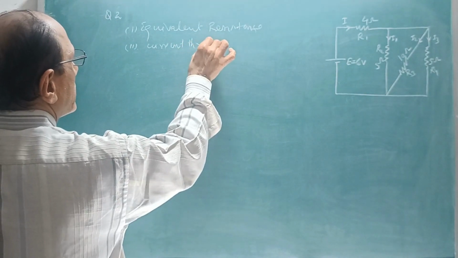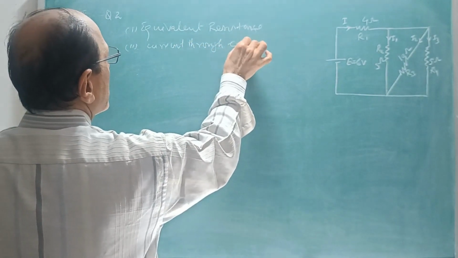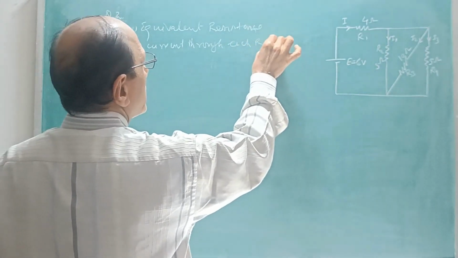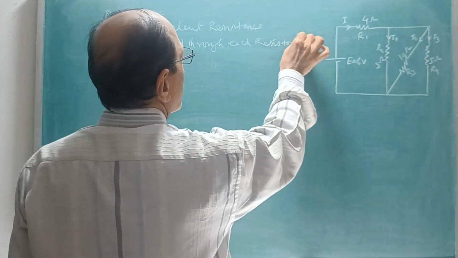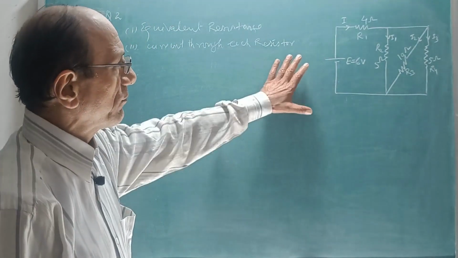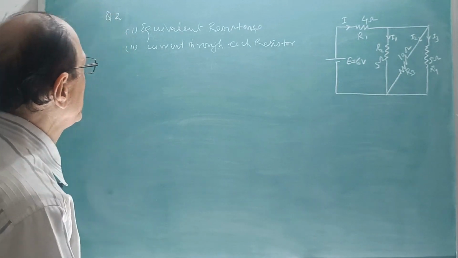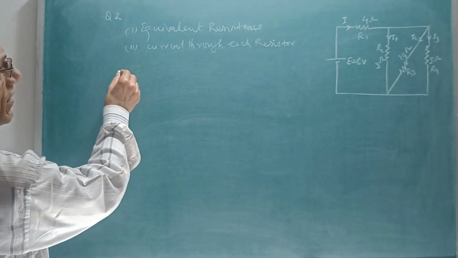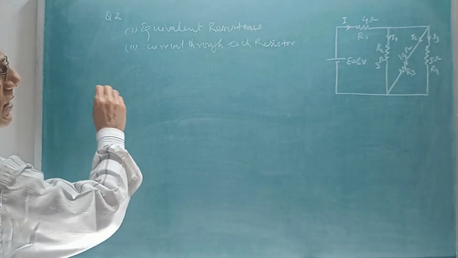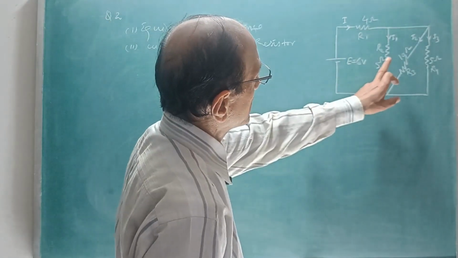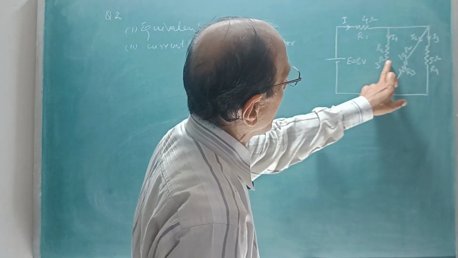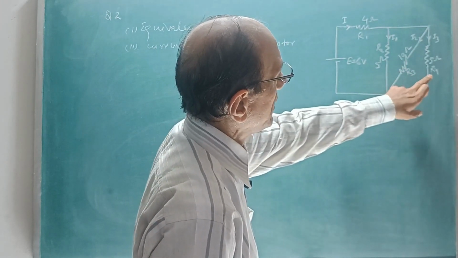Current through each resistor. So we have to find this. First of all we see here R2, R3 and R4.